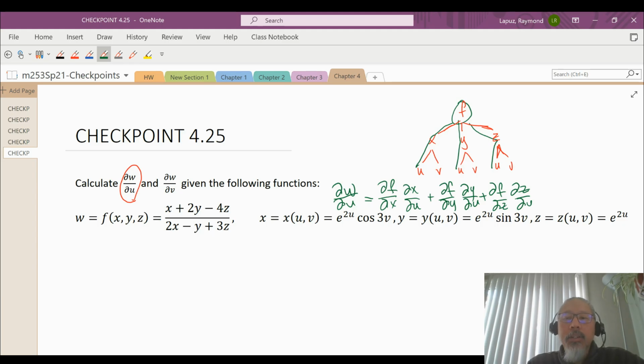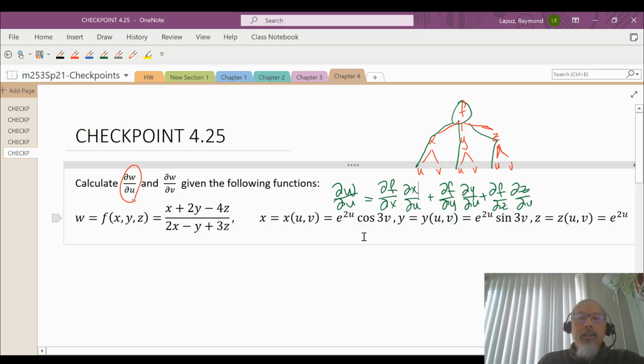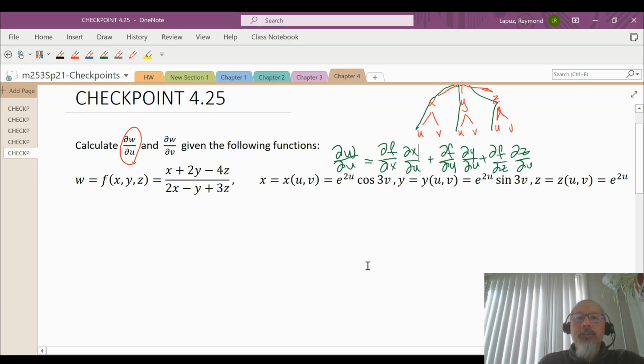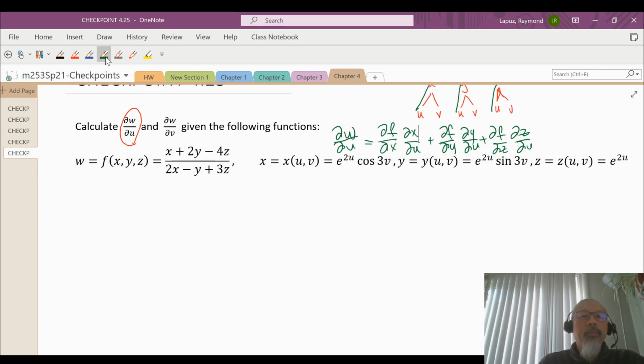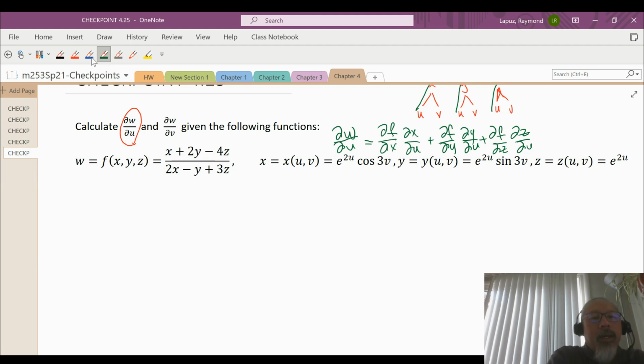Now, we're going to do things a little bit differently for this video. Instead of using the chain rule, let's see how it would look if we actually plugged in the values of x, y, and z into the expression. What do I mean by that?